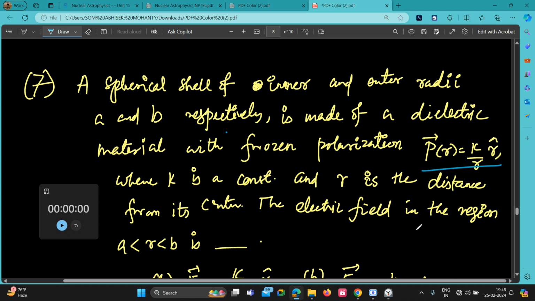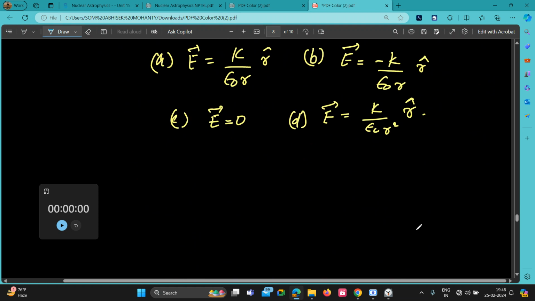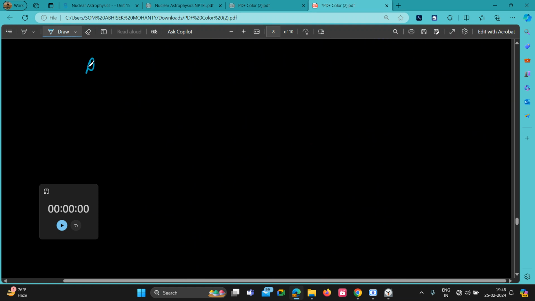So, the polarization. What we have to calculate is the electric field in the region.